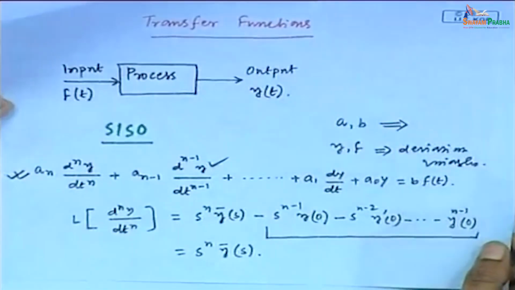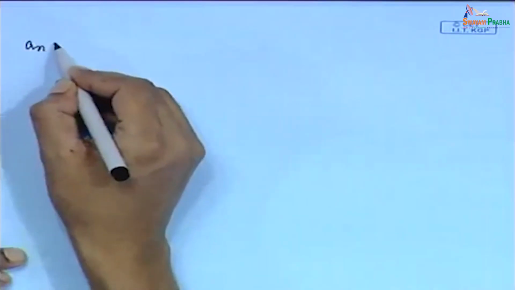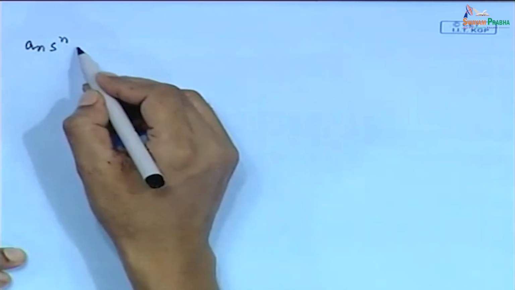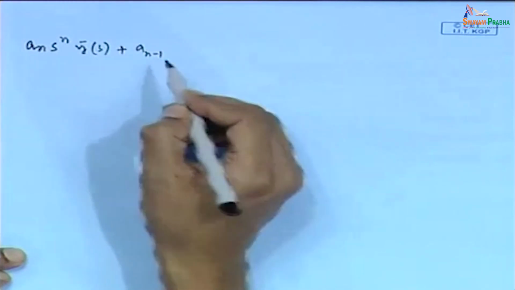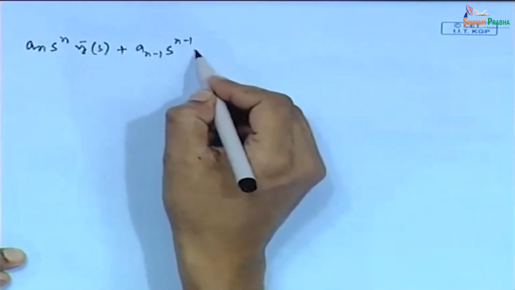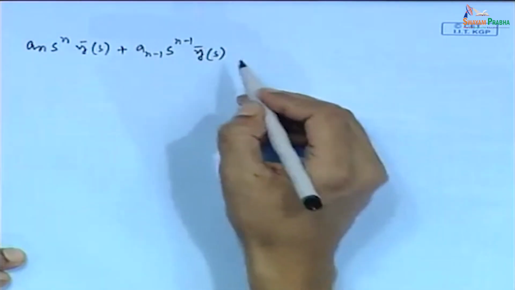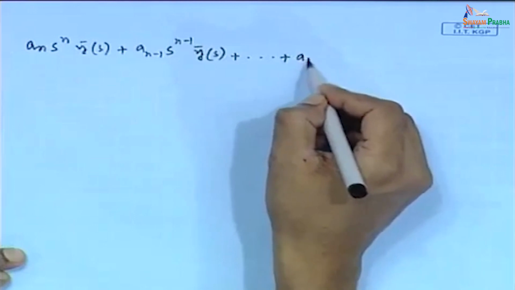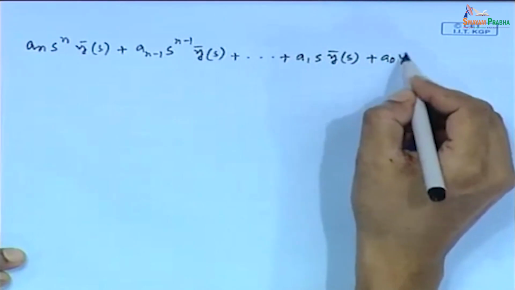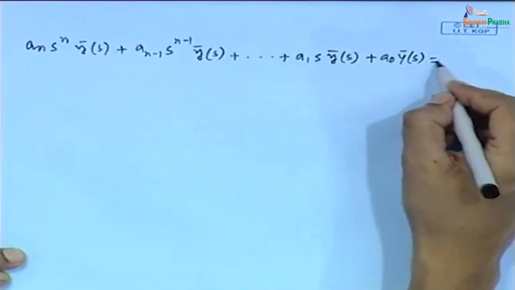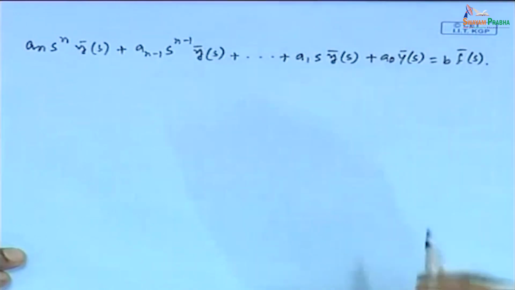So, if we take the Laplace transform of this linear or linearized nth order differential equation, we get a_n s^n y bar(s) plus a_(n-1) s^(n-1) y bar(s), like this, a_1 s y bar(s) plus a_0 y bar(s) equal to b f bar(s).